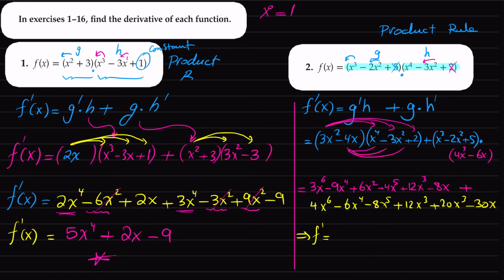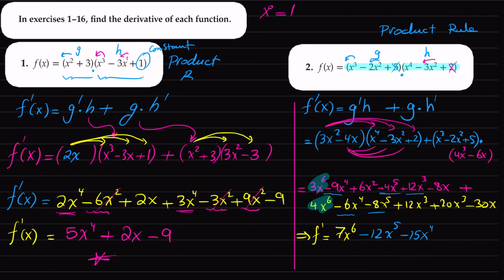Now for f prime, we need to combine the like terms. We have 3x to the power 6 plus 4x to the power 6. Those two terms have the same power, so it's 7x to the power 6. Now power 5, we have negative 4x to the power 5 and negative 8, so it's negative 12x to the power 5. Now x to the power 4, we have negative 9x to the power 4 and negative 6x to the power 4, it is negative 15x to the power 4.